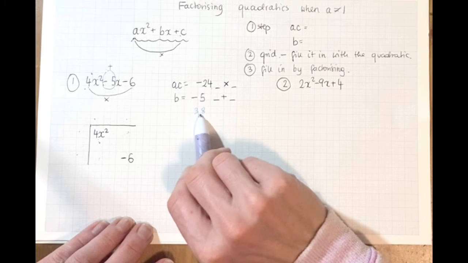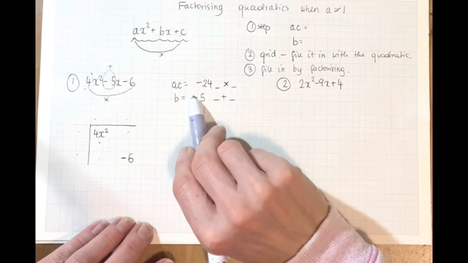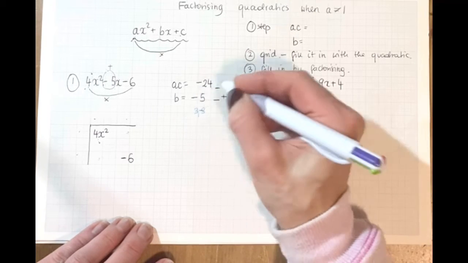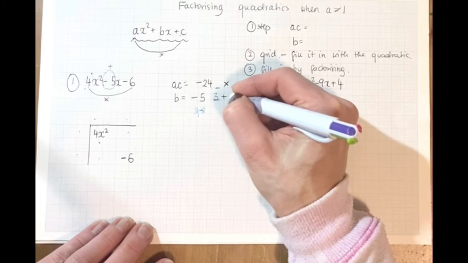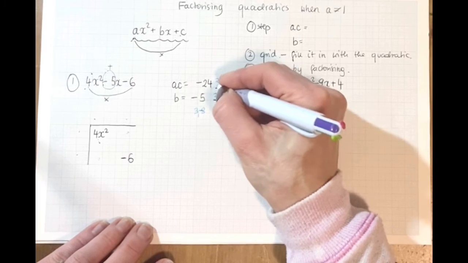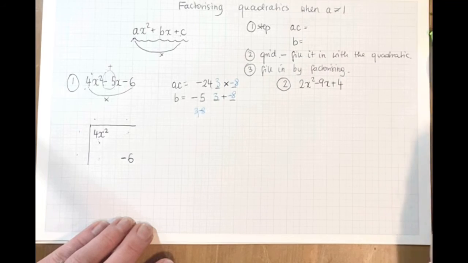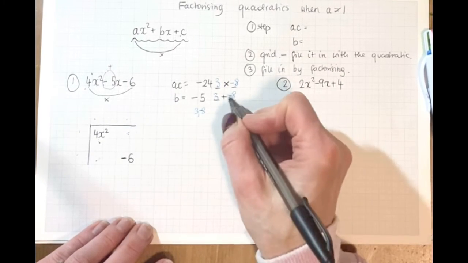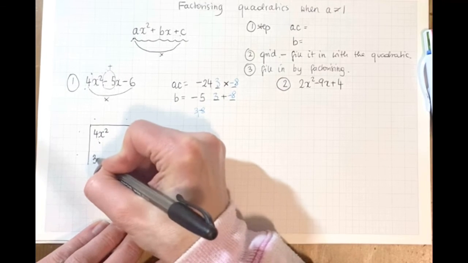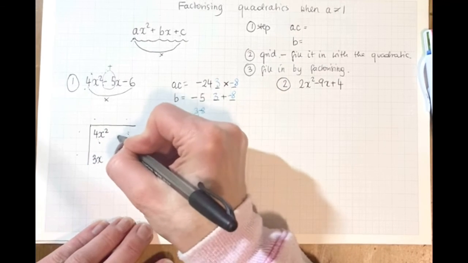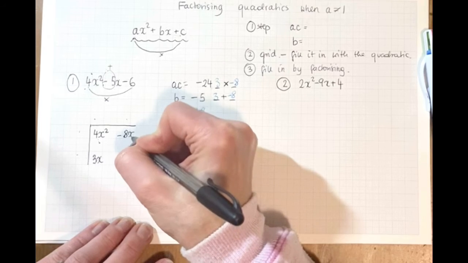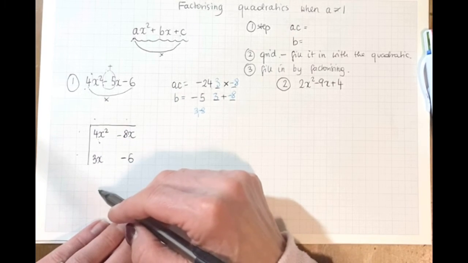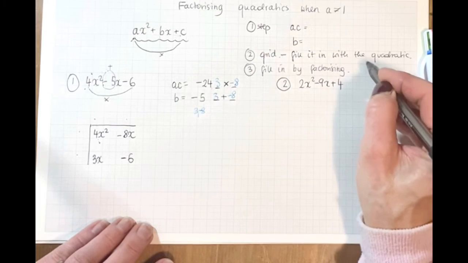So which one should you make negative if you want them to add up to minus 5? Well, the bigger one will have to be negative. So it's going to be 3 and minus 8. So that works. So 3 and minus 8 will be put in here with the x's. So you will put 3x and minus 8x. It doesn't matter which place you put these two, they can be interchanged. So that's part 2 done.